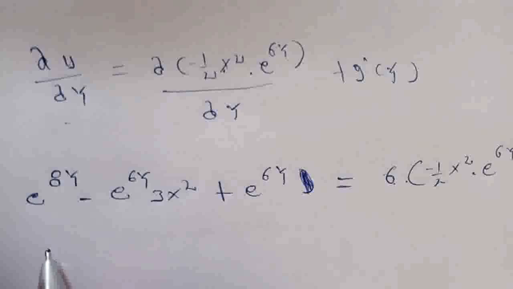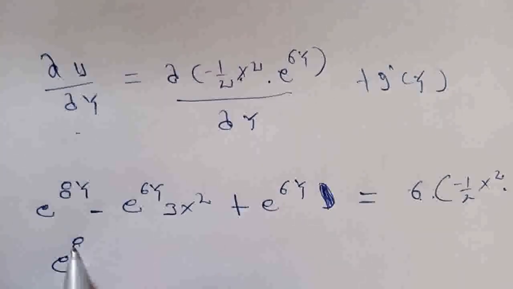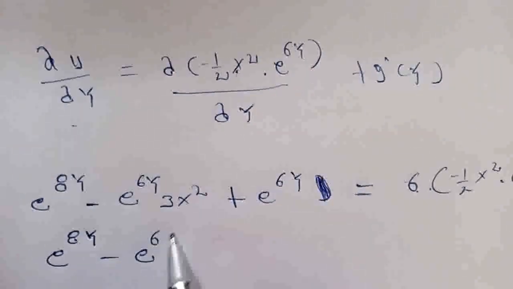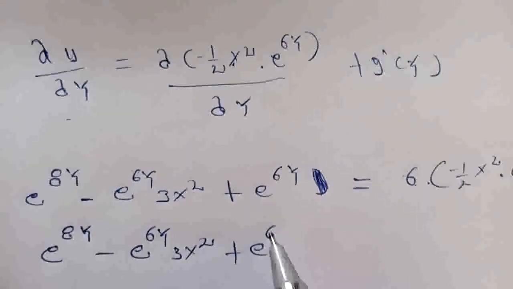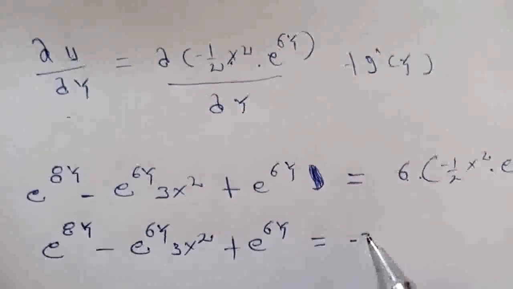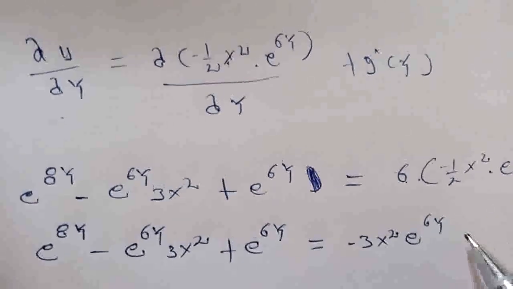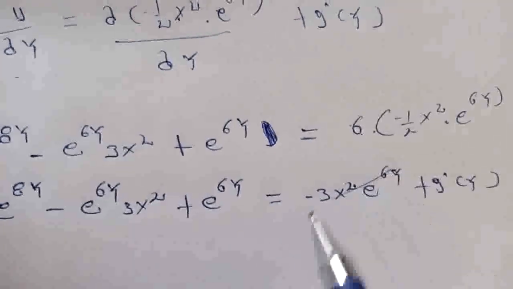Now let us rewrite it again in a clearer way. Minus e to the power of 6y 3x squared plus e to the power of 6y is equal to negative 3x squared e to the power of 6y plus g prime of y. This should be cancelled by this one.